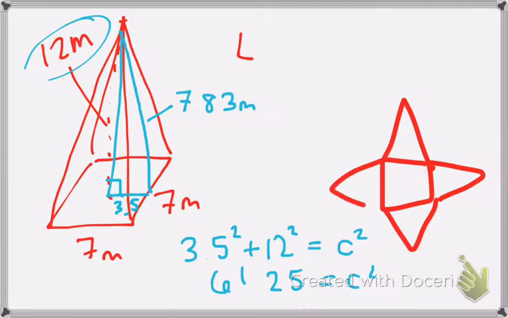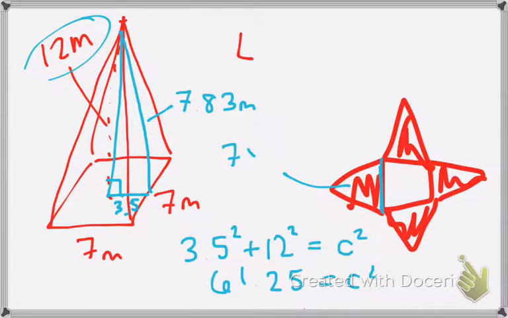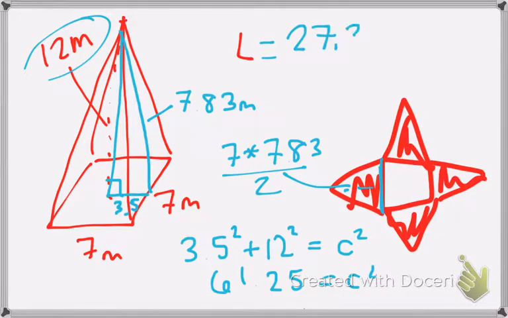So to find my lateral area, I'm going to find the area of all of the triangular faces. How do we find the area of a triangle? Base times height divided by 2. So one of these triangles is going to be 7 times 7.83 divided by 2, which is 27.39.